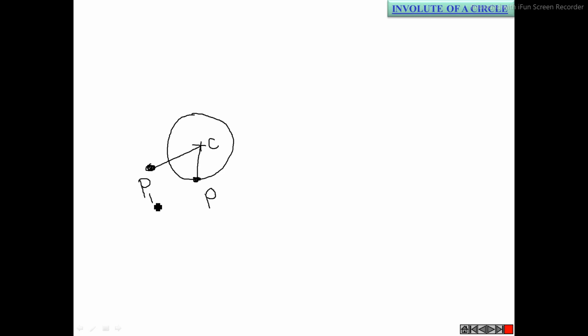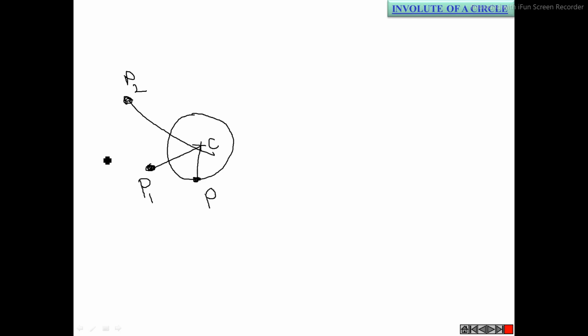Again, after some time, you unwrap a certain length of wire from the circumference of the circle. Where will point P lie? Somewhat over here with the increased radius, correct?